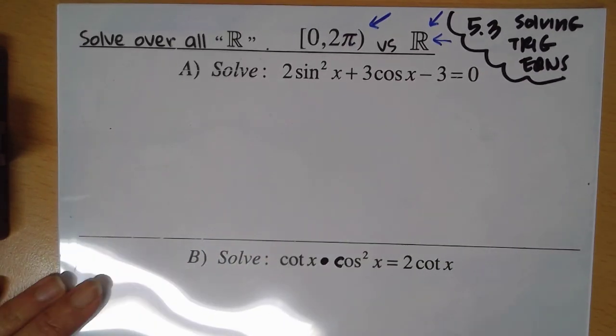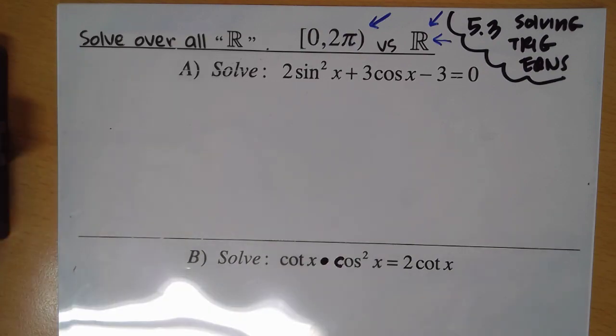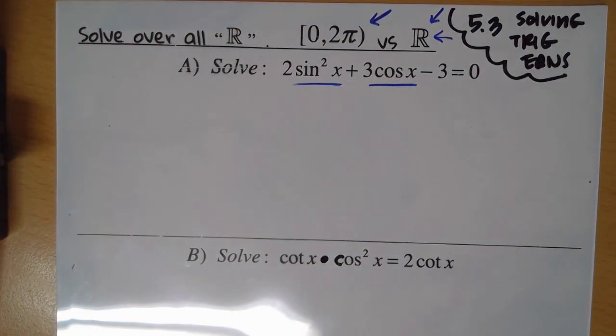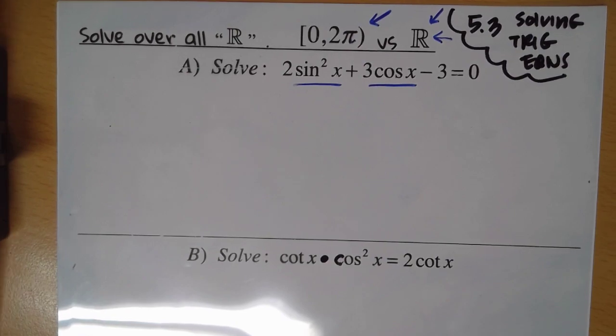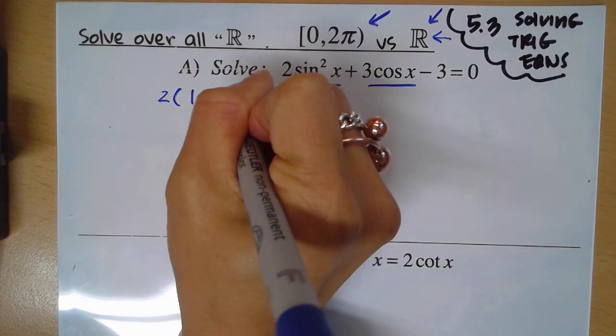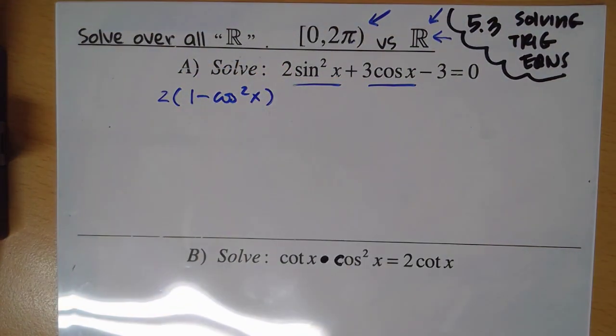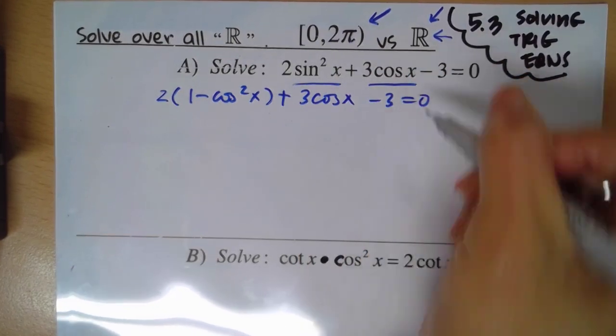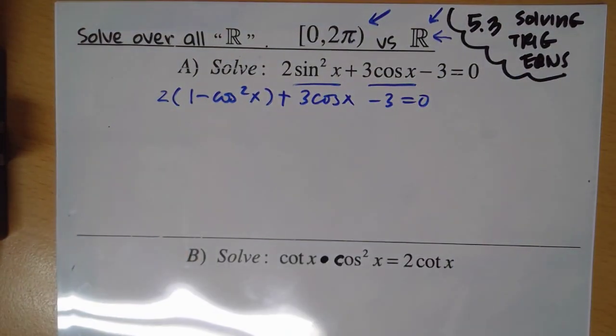So we do the normal thing. For example, here, I can see that there's a sine squared and a cosine. That means I only want it in one trig function, right? So we're going to change sine squared x, because I know that's going to be 1 minus cosine squared x. Okay, now they're all in cosine form, which is nice. Now I only have cosine to worry about.